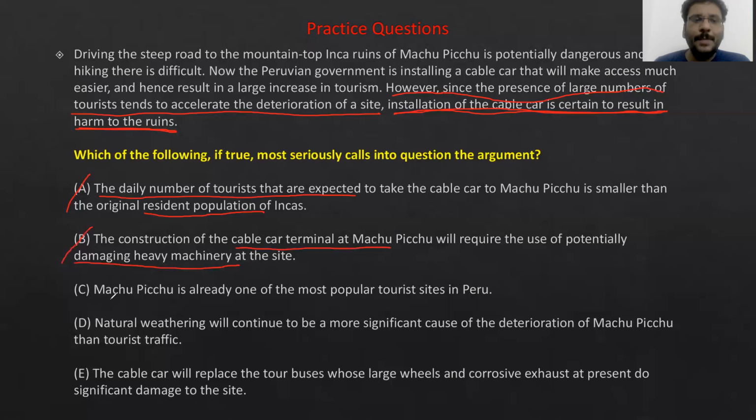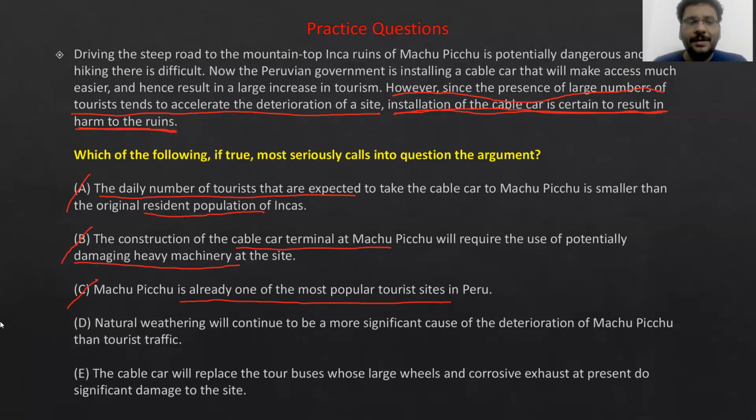Option C says Machu Picchu is already one of the most popular tourist sites in Peru. Again, we are not concerned whether it is an already popular tourist site or not. We are only concerned whether the cable car is going to harm the ruins or is it better. So C is wrong. Let's look at D. D says natural weathering will continue to be a more significant cause of the deterioration of Machu Picchu than tourist traffic.